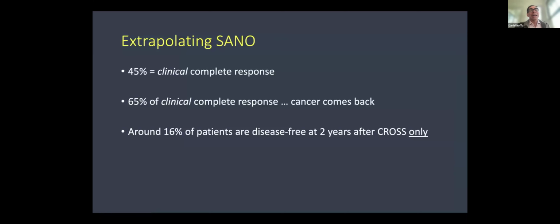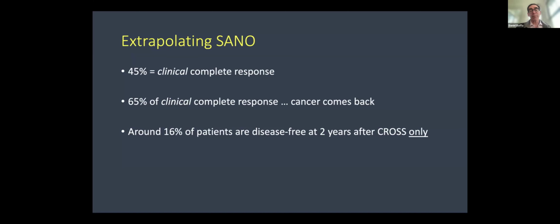And so in sort of putting this together, if you do the Sano protocol, give CROSS, and then do these serial endoscopies at 6 weeks and 12 weeks, you're going to find a complete clinical response in about 45% of people, but 2/3 of them actually still have cancer.